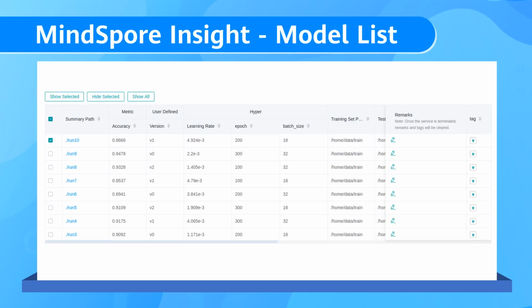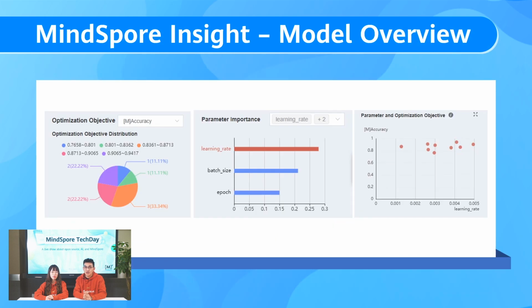In the overview area, information about optimization objectives and related parameters is displayed. You can select an optimization objective to view the importance of parameters, and then click the histogram to view the scatter plot of parameters and the optimization objective.